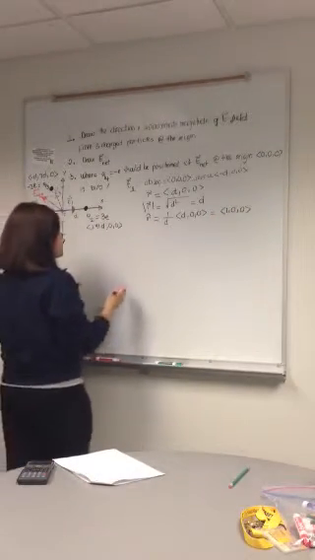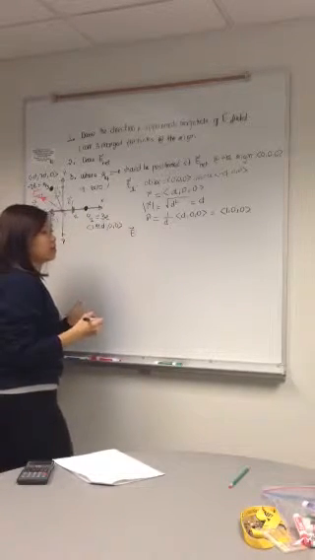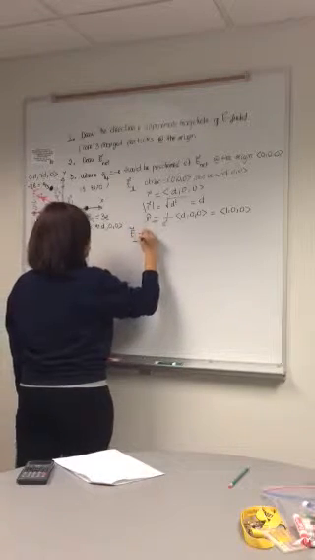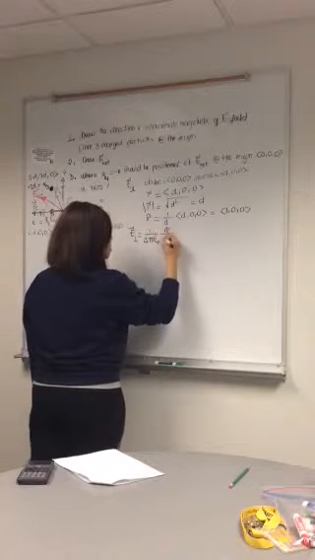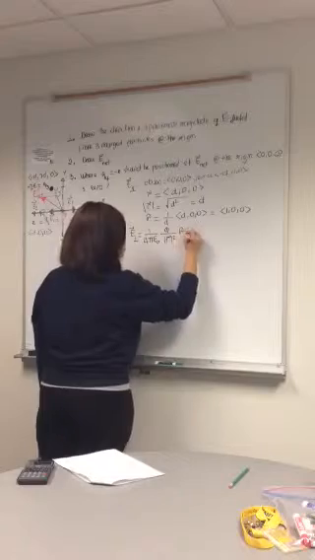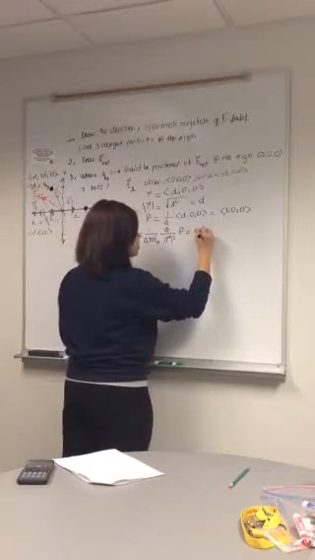Okay, so for the electric field, we would use the formula for the field of a point charge. So E1 equals 1 over 4 pi epsilon naught times Q over the magnitude of r squared times r hat, where 1 over 4 pi epsilon naught is 9 times 10 to the 9.